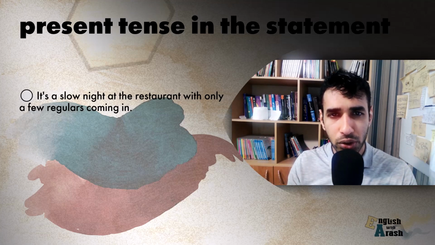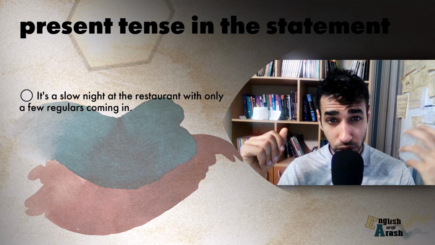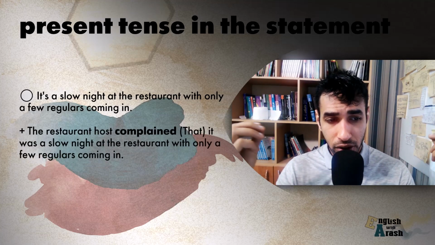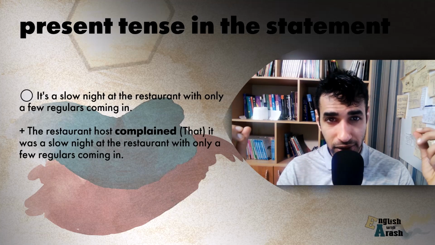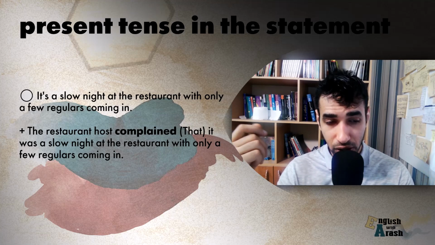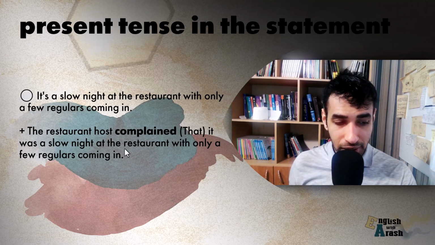Now this is the statement and you want to report it to another person. Indirect speech. The restaurant host complained that it was a slow night at the restaurant with only a few regulars coming in. The statement here is a noun clause.